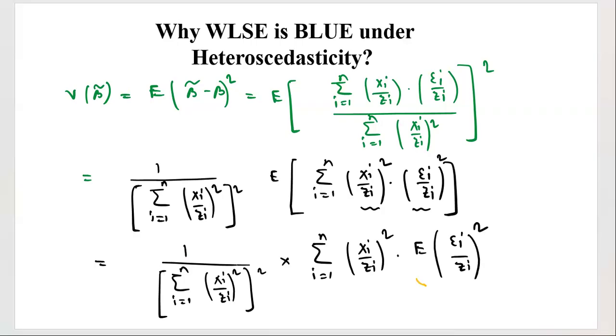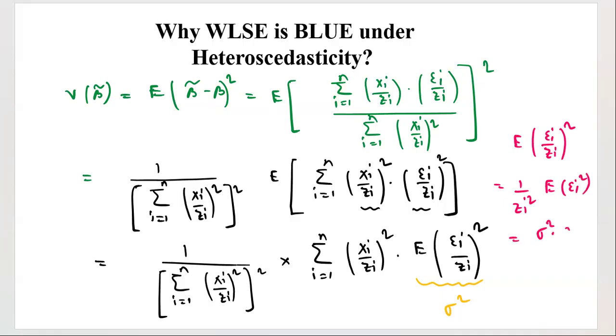Now what will be this particular expression? This will be simply sigma square, right? If you compute the expectation of epsilon i upon zi whole square, it will be 1 upon zi square into the expectation of epsilon i square.